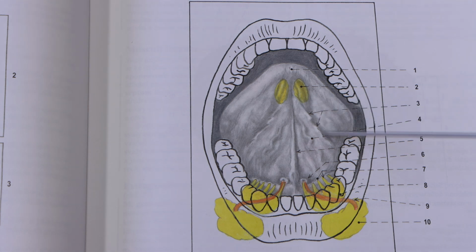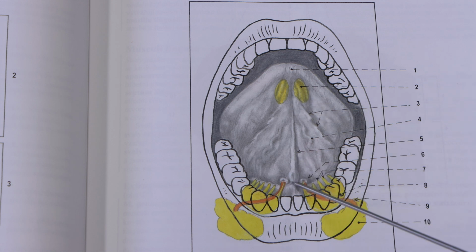Then, parallel with this fimbriate fold, you can see a bluish structure, which is the vein passing in this region, called the deep lingual vein. In some literature you can also see it called the sublingual vein. It's correct also, and it's very well seen if you look at it in the mirror. You can see the bluish color, and this is the vein that passes.